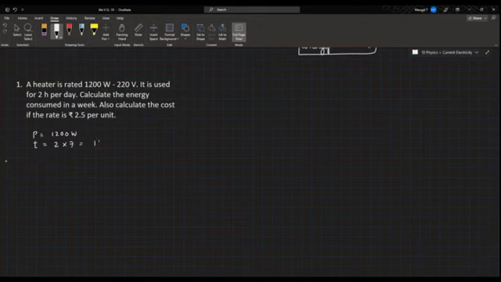So in a week, that will be 14 hours. So energy will be 1200 divided by 1000, so that will give me kilowatt, into 14. So that answer will be how much? It will be 16.8 kilowatt hour.